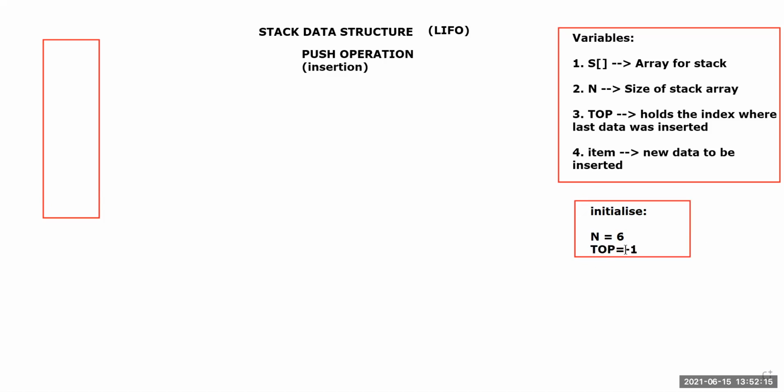So top equal to -1 means that initially there is no data in the stack. All right. So let us make 6 locations in the stack.